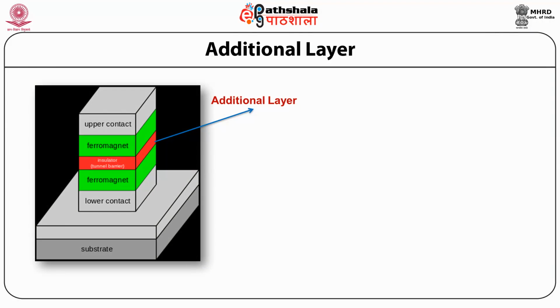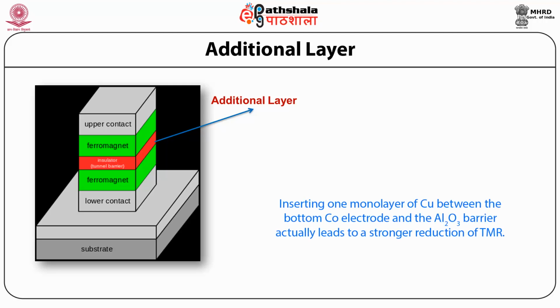Inserting an additional layer at the barrier ferromagnet interface has been investigated to rigorously probe the origin of tunneling spin polarization. It was shown that inserting one monolayer of copper between the bottom cobalt electrode and the Al2O3 barrier leads to a strong reduction of TMR.